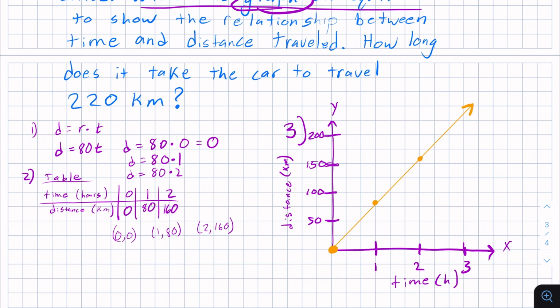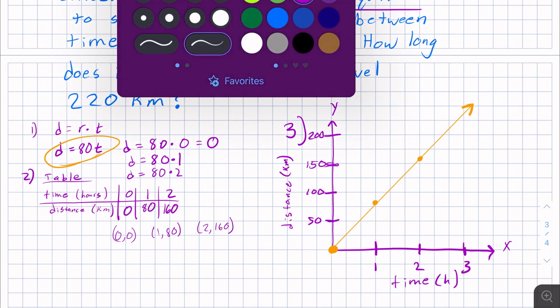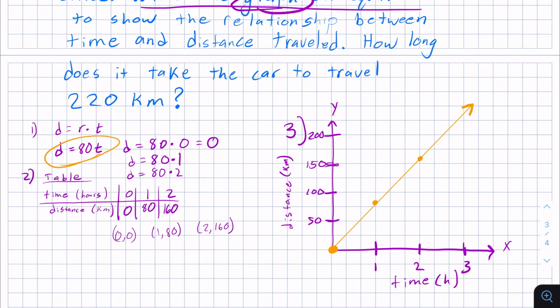Okay, so I did my equation here. I did my graph over here. And now I need to go on to the next part, which is the final part of the problem. It says, how long does it take the car to travel 220 kilometers?